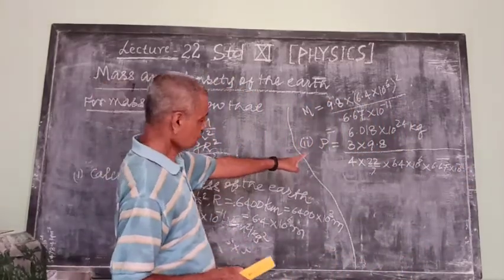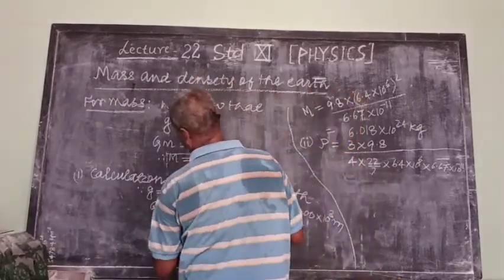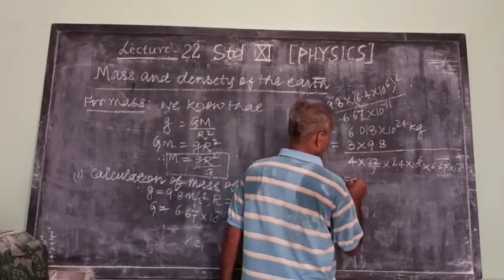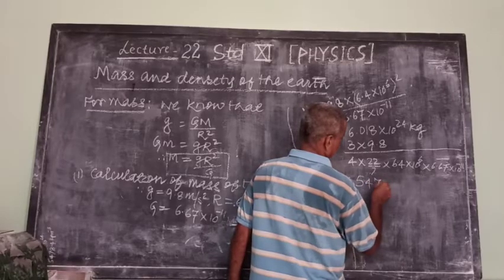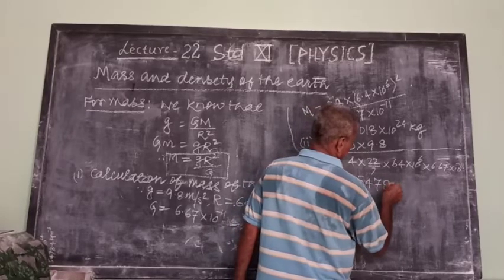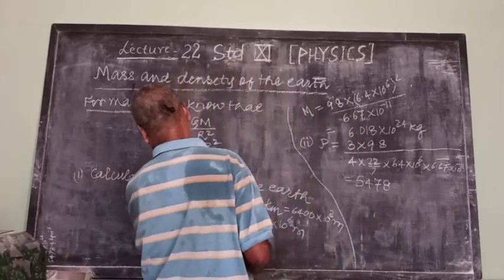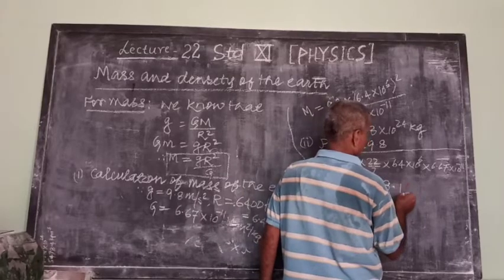Now, when you solve, final answer can be written as 5478, you will check it, multiplied by 10 to the power 3.